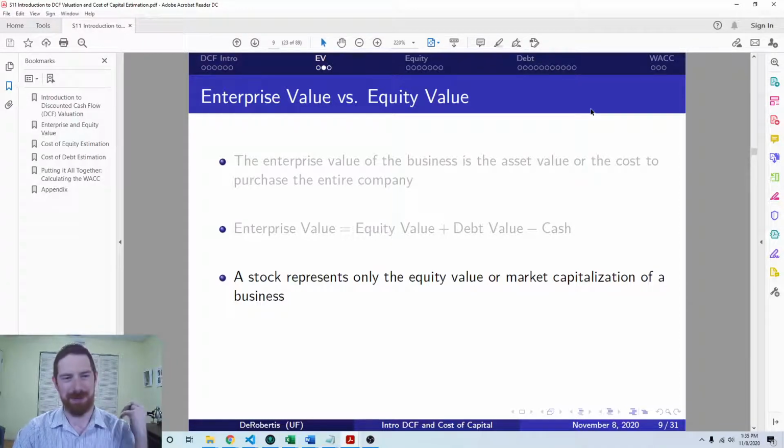So going back to assets equals liabilities plus equity, you've got to finance your assets with either borrowing money, the liabilities, or issuing stock, the equity side. A company that only issues stock and never issues debt, all their assets are going to be financed by equity, and so all of that is going to be equity value.